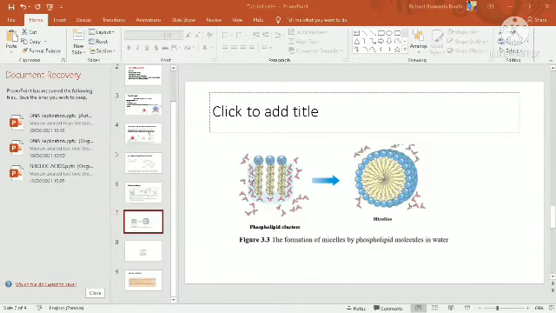And as a result of this, what you have is what are known as micelles. So these are structures where you have the portions able to interact with water on the outside, and you have the portions unable to interact with water on the inside.